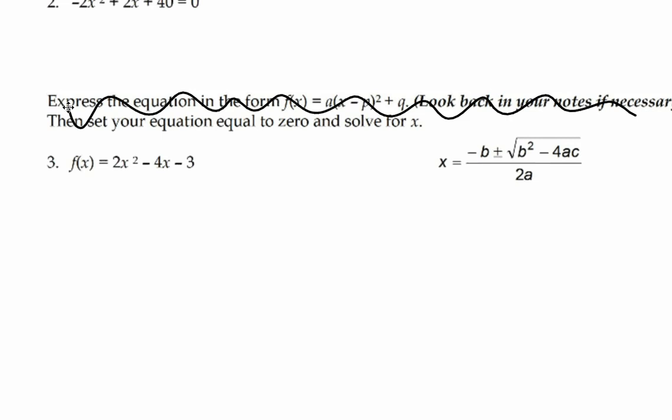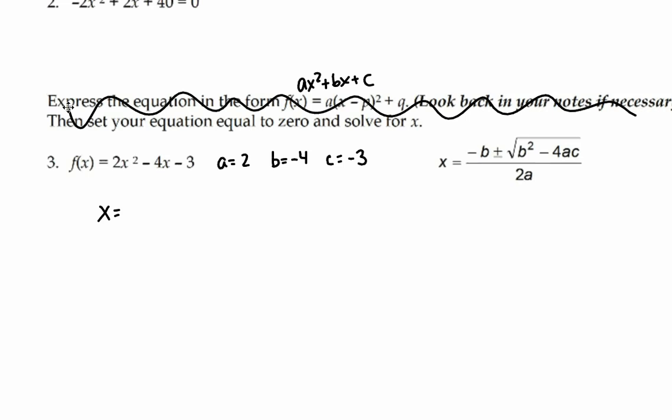The key is to know what A is, B is, and C is. So looking at this, what would our A value be? 2. B, careful of sign, would actually be negative 4, because we're comparing it to ax squared plus bx plus c. If we have a minus 4x, b is negative 4, and c is negative 3.